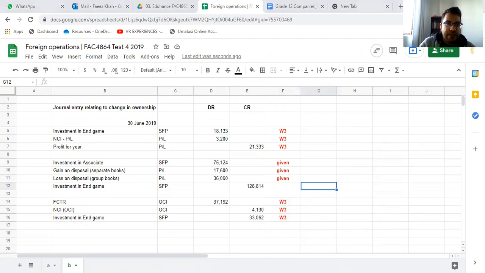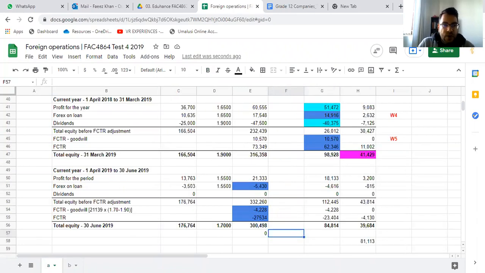So the opening balances we have from part A. But basically what we need to recognize for opening balance is the FCTR, the opening balance FCTR for the parent, and the opening retained earnings for the parent relating to the foreign operation. Okay, so we will be able to work that out. So remember, the opening FCTR is last year's closing balance.